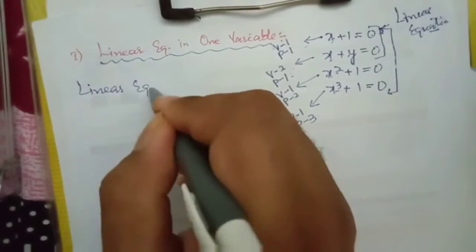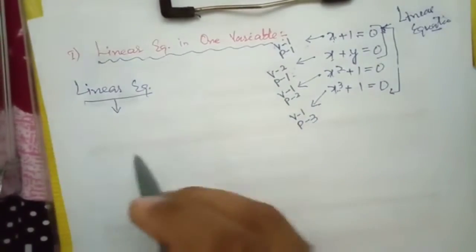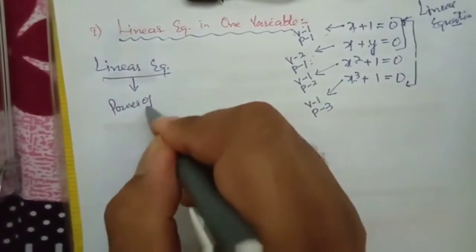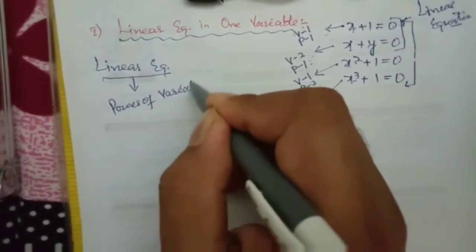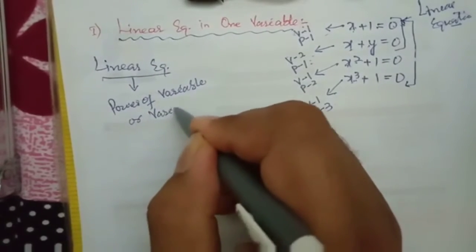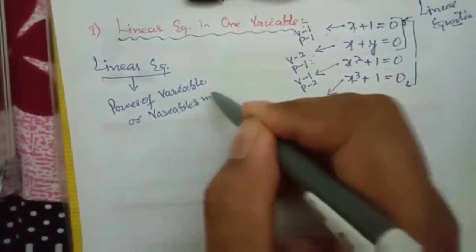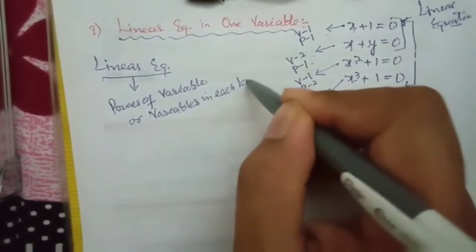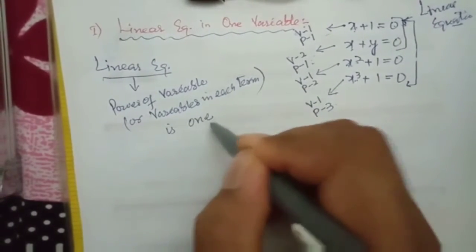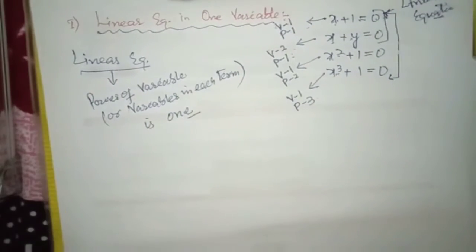Those equations in which the power of the variable or variables in each term is 1 are known as linear equations.